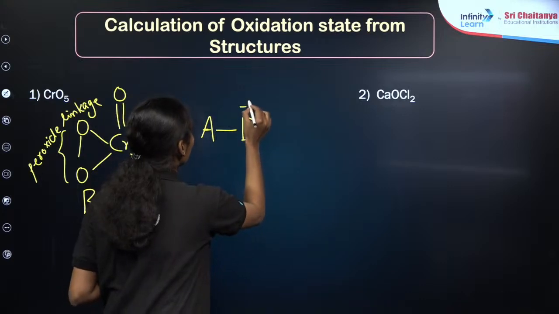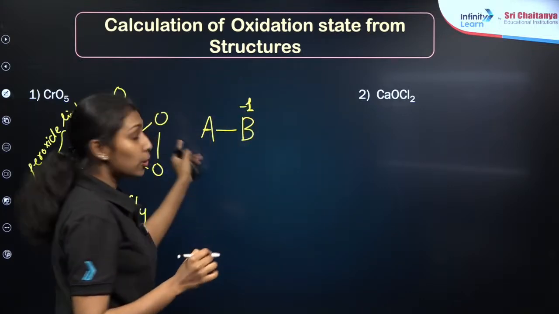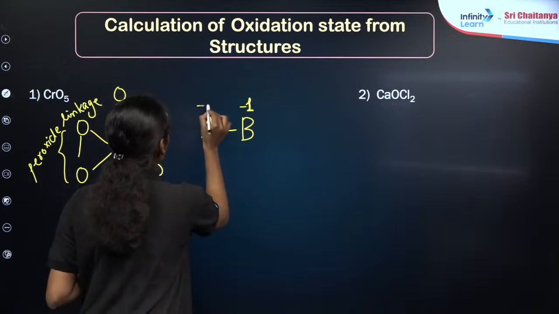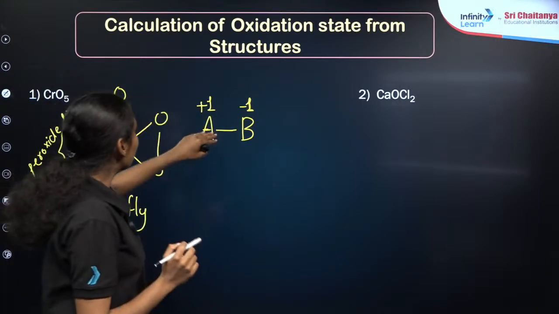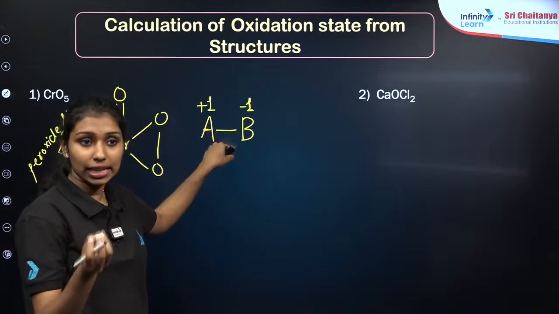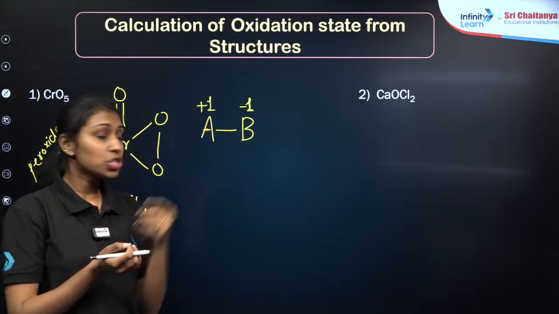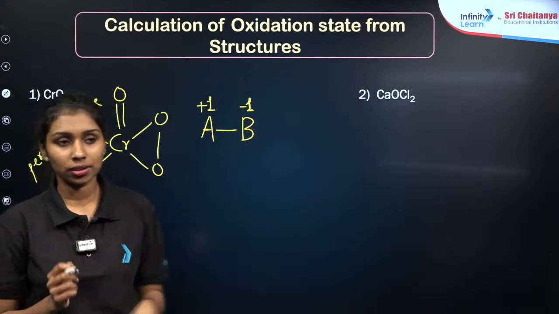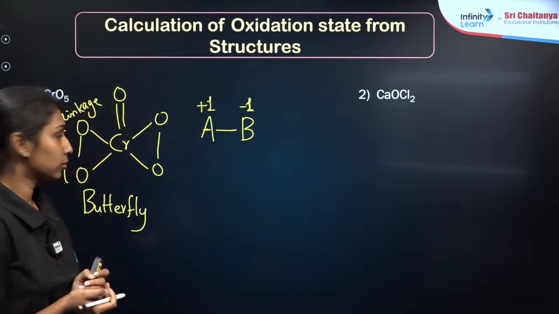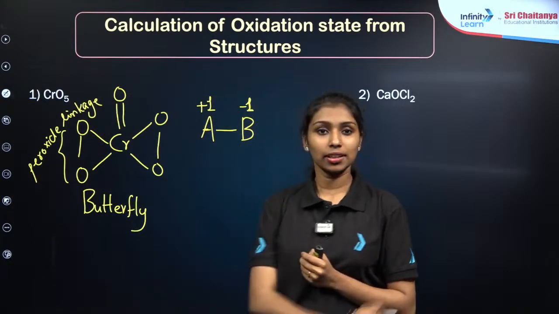If B has a charge of -1, then by losing an electron A will possess a +1 charge, right? Simply we can say that whenever there is an electronegativity difference between two atoms, the one with more electronegativity shows the -1 oxidation state. Is it clear? Is the point clear? Just let me know, then only I can explain the structure.